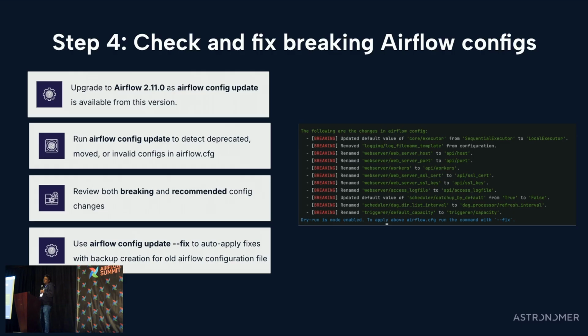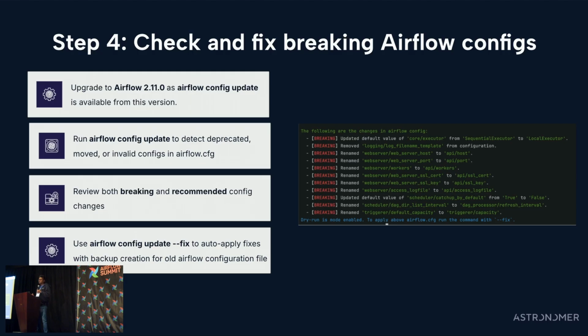Now, let's move on to the configurations, right? Once you're done with the code changes, the next step is changing your Airflow configurations to be compatible with Airflow 3. Airflow CLI has a command called airflow config update, which is available from 2.11. There are two types of config changes.